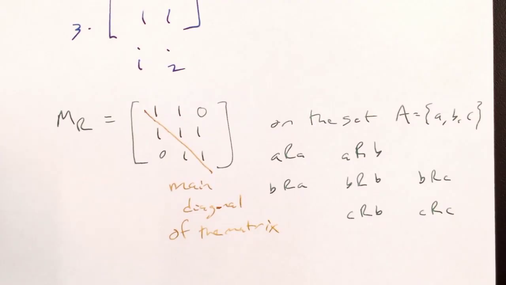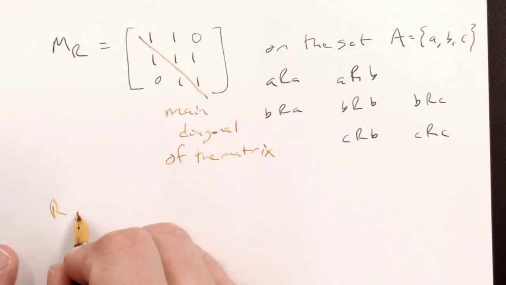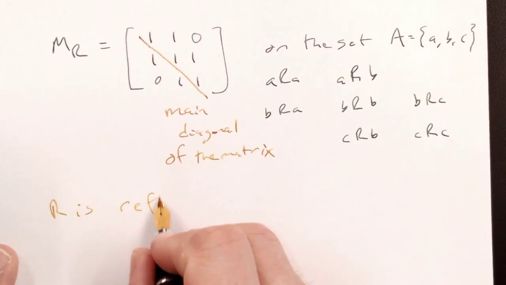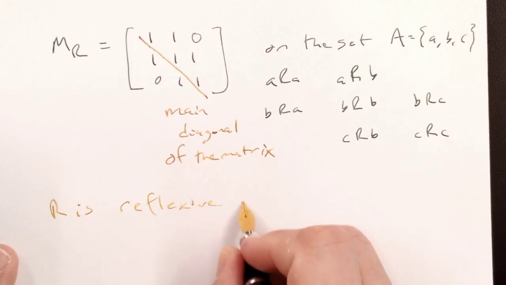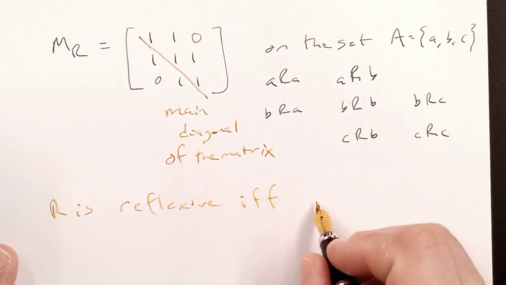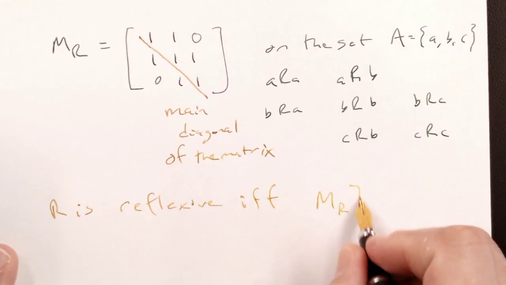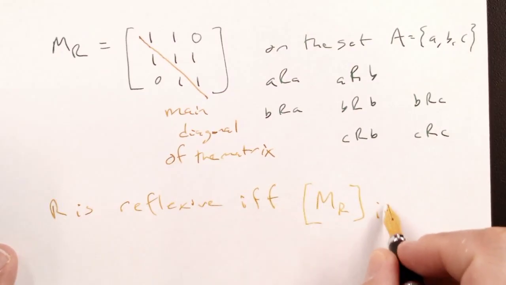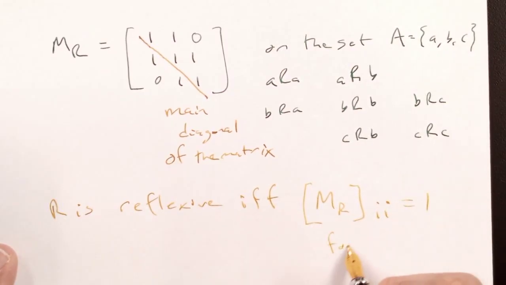If every element on the main diagonal is a 1, then my relation is reflexive. Emily, I'm using that IFF as if and only if again.